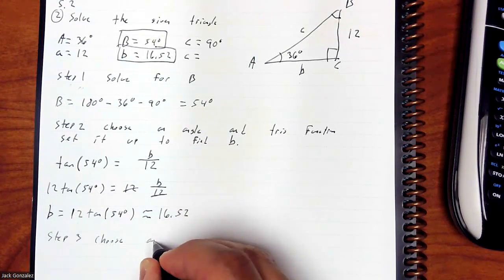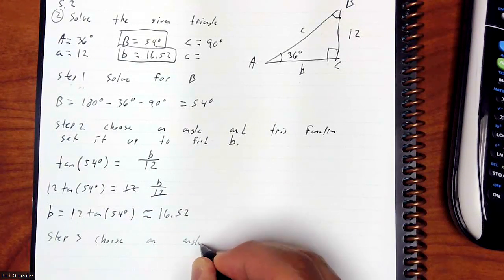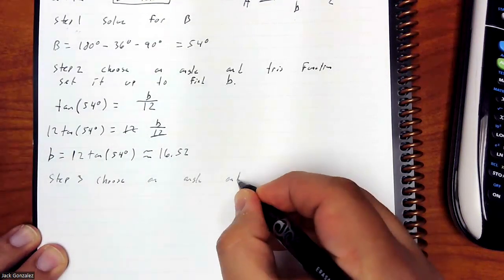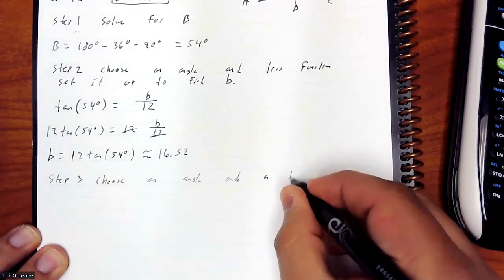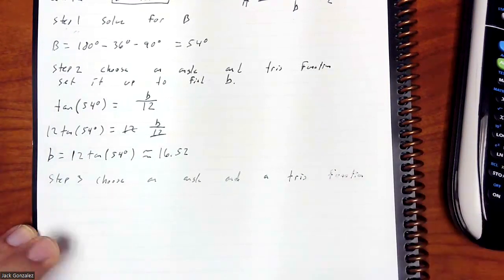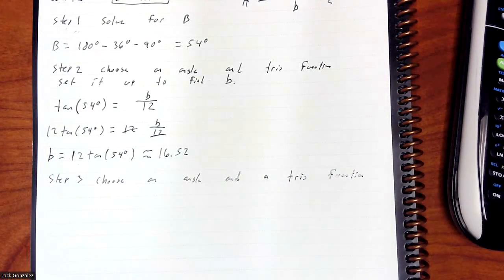So choose an angle and a trig function. Set up the problem. What should we choose?